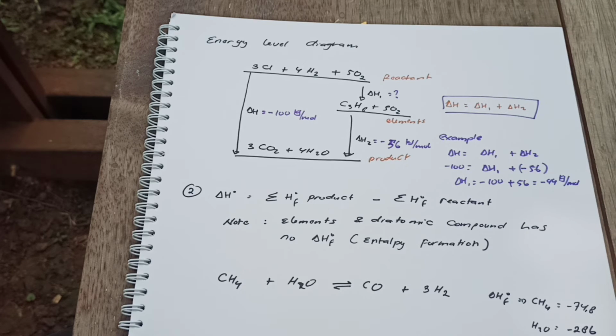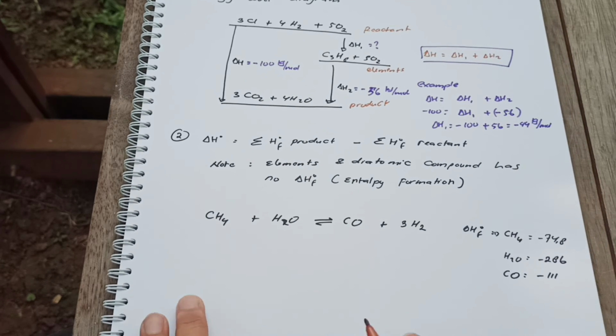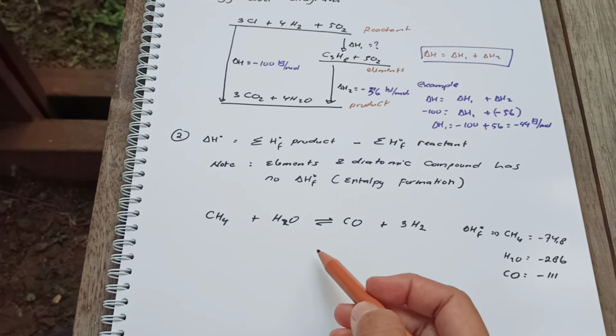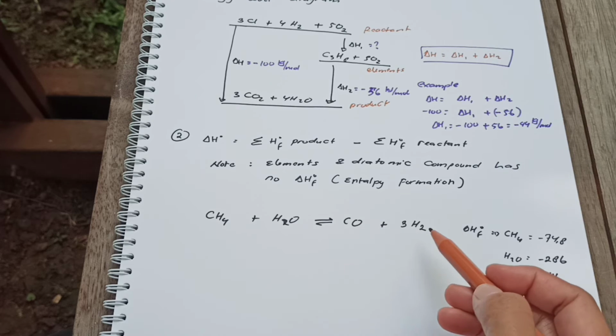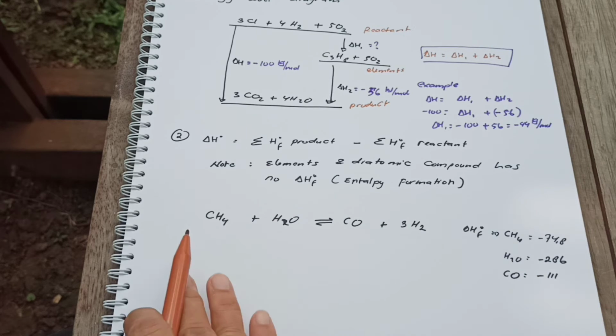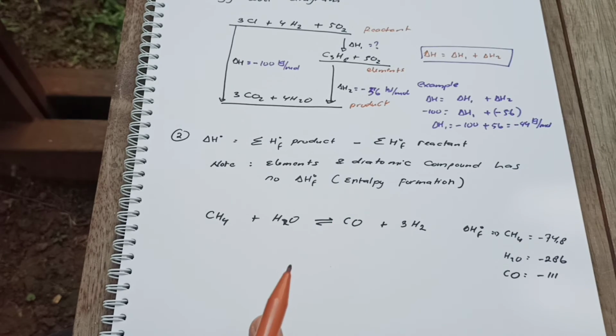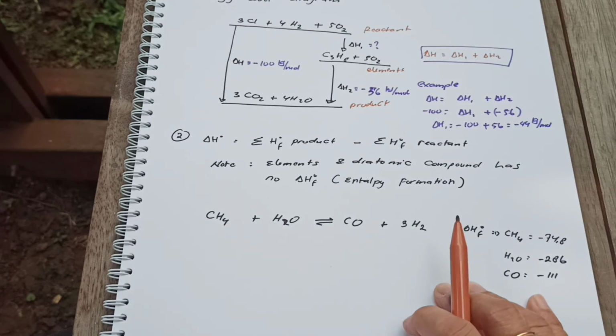Now let's see this one. This is the question, the reaction. Methane plus water becomes carbon monoxide plus hydrogen. This is already balanced. Remember, before you continue to calculate, you need to balance them first.